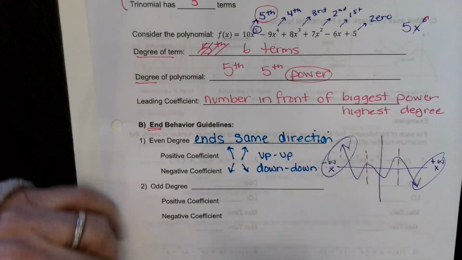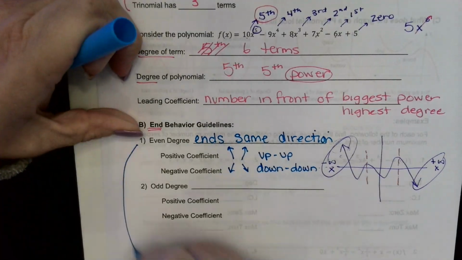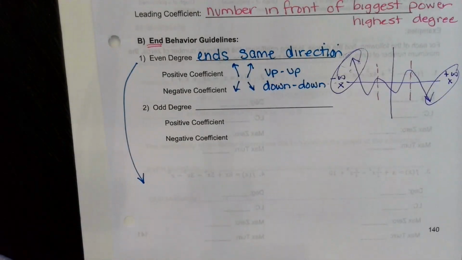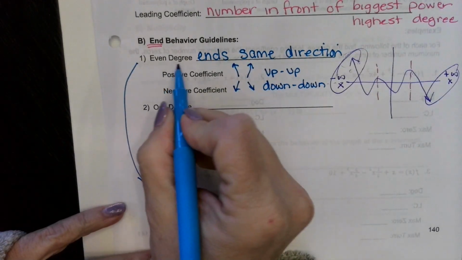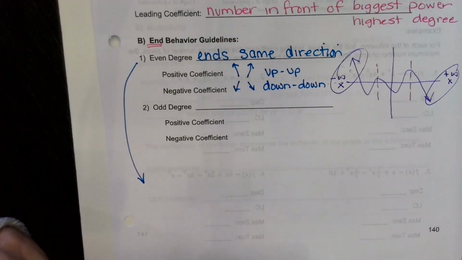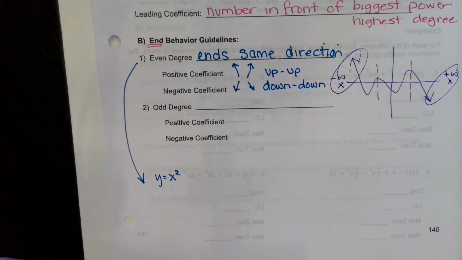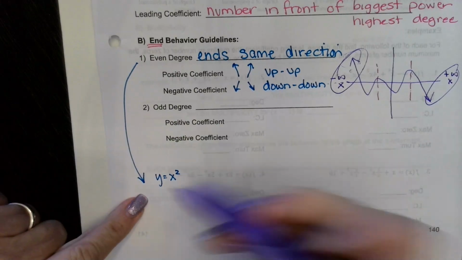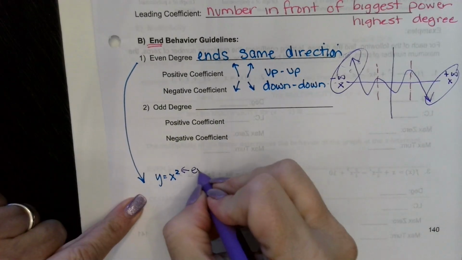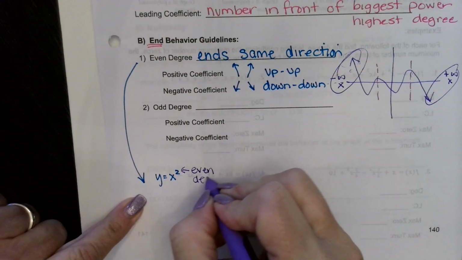So let's go down here and do a little example. So if I have an even degree polynomial, the easiest one to think about is going to be y equals x squared. So this is an even degree.